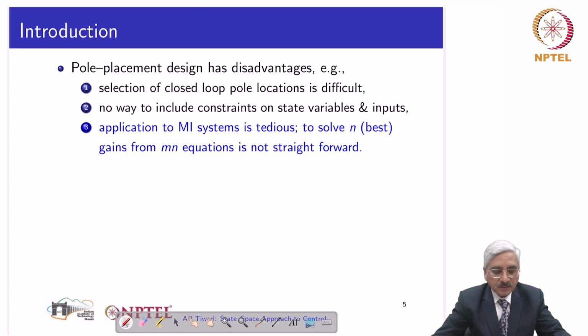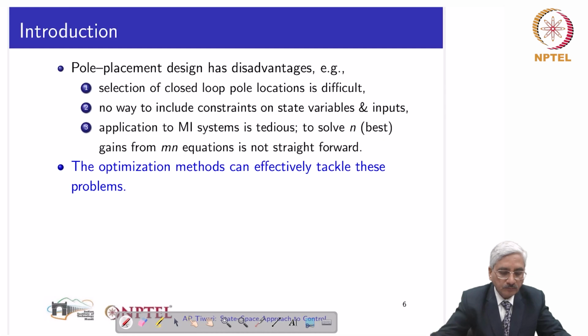And another thing is that we have more unknowns than equations, and we don't have any particular best way to solve them. So these difficulties are faced in the pole placement design.